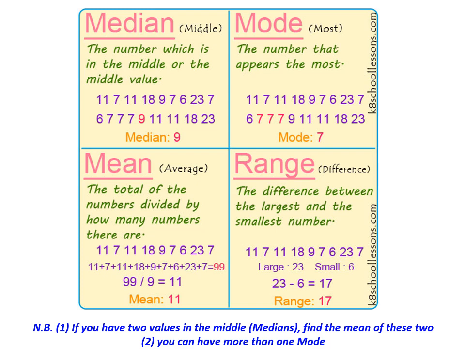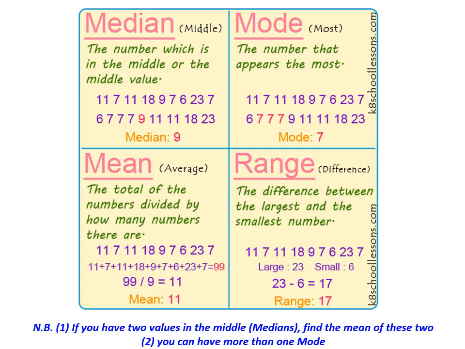If we arrange these values in order from the smallest to the biggest, 6, 7, 7, 7, 9, 11, 11, 18, and 23, we will find that the number which is present in the middle is 9. So 9 is the median.